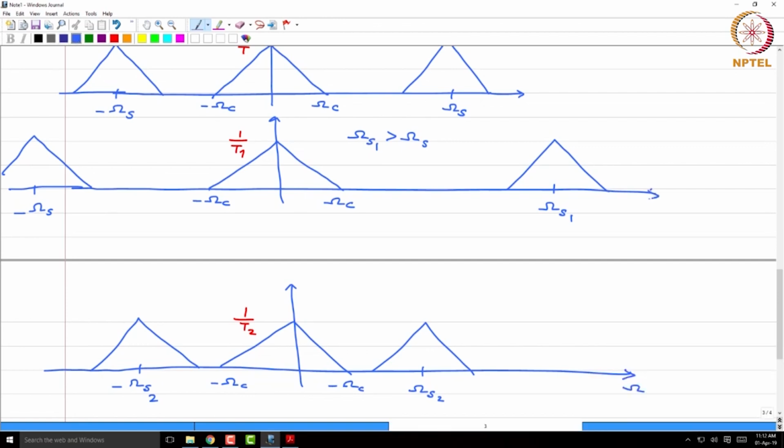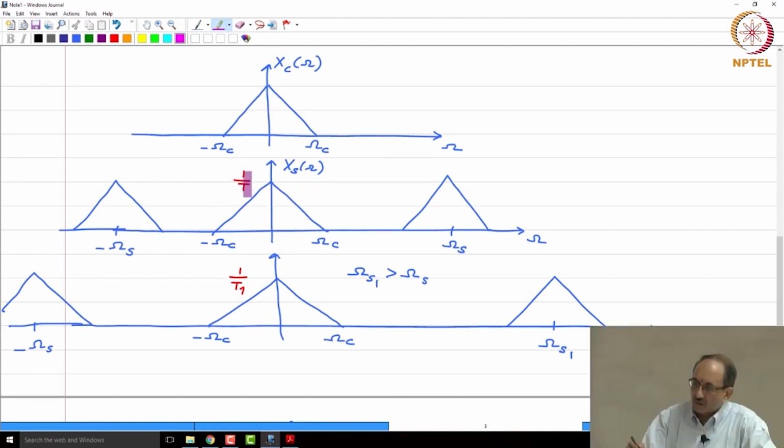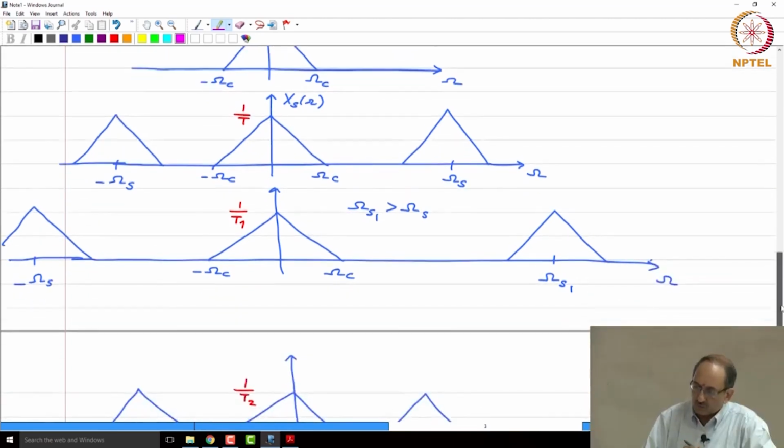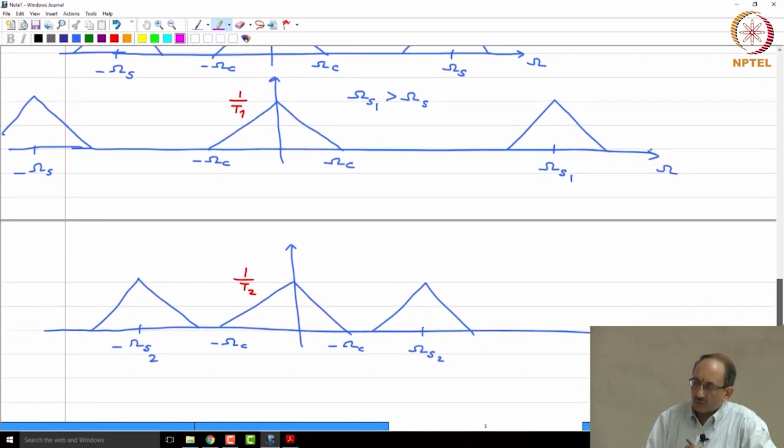So, all these axes are omega, which is in radians per second. So, you have this signal, its sampled version, periodic repetition will be there, amplitude scale factor will be there, and the two plots below show the behavior for two different sampling frequencies, one that is larger than the first, the other that is smaller.